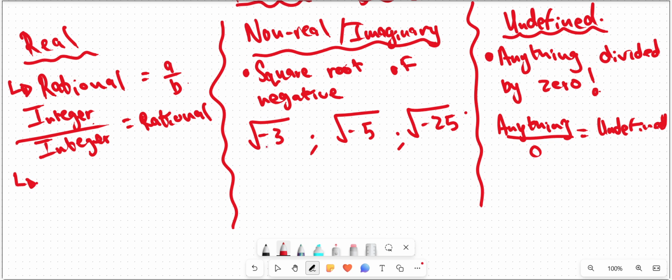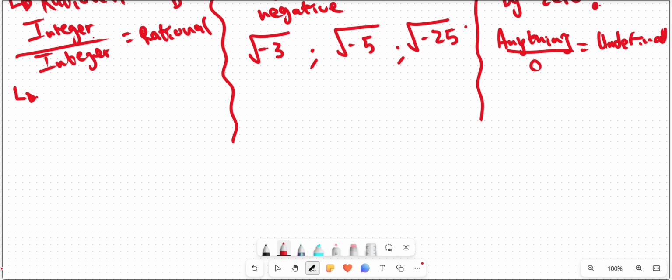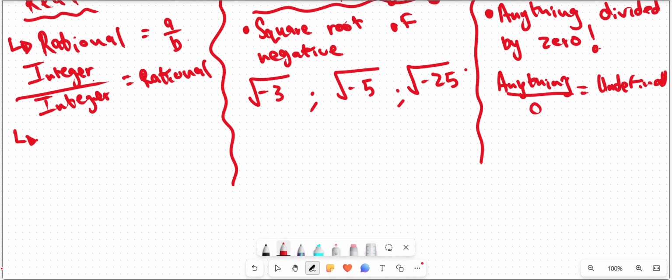Then there are other types of numbers that fall under there. And for interest's sake, this that I'm going to write under here, which is irrational, is the opposite of rational. So that is something that cannot be written as a over b.